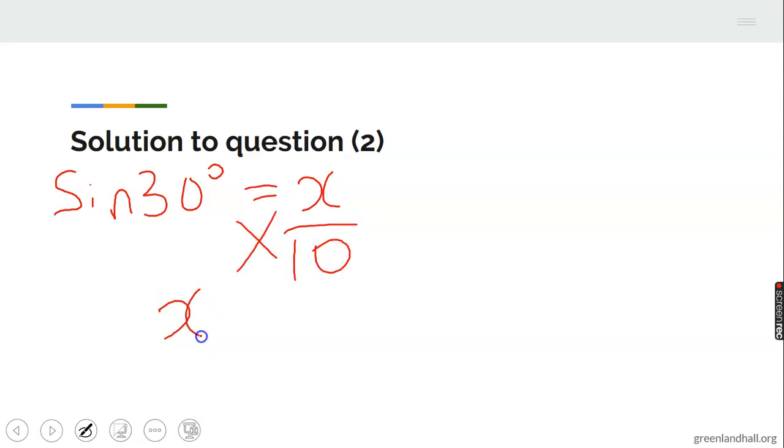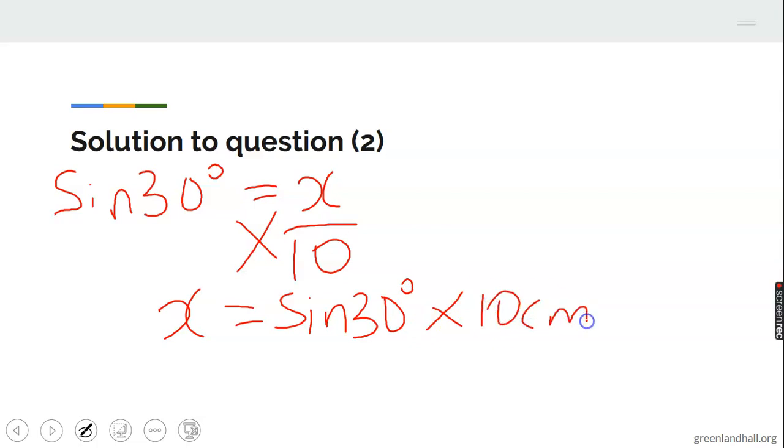That is x equals sine 30 degrees multiplied by 10 centimeters. Sine 30 degrees should give us 0.5. 0.5 multiplied by 10, that should be 5 centimeters. So that is that.